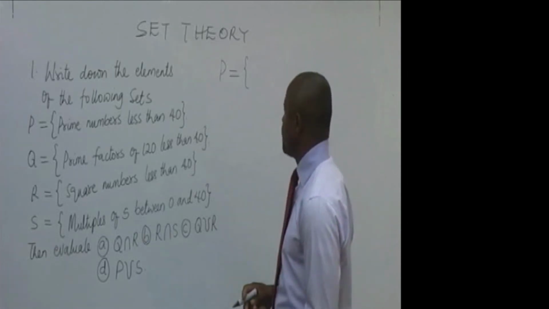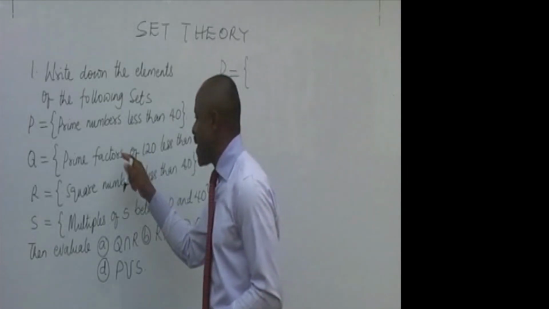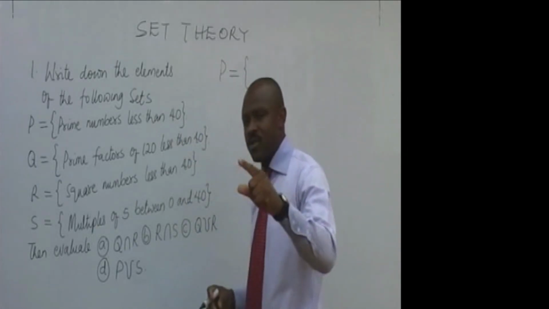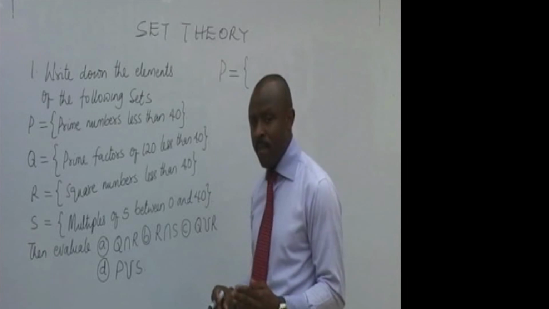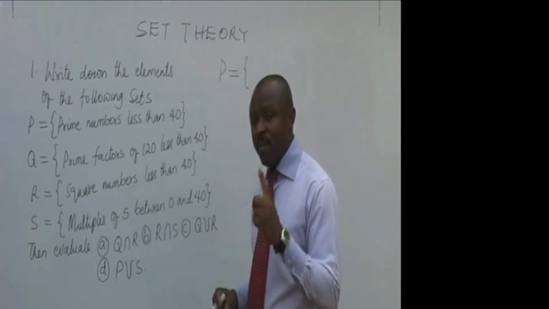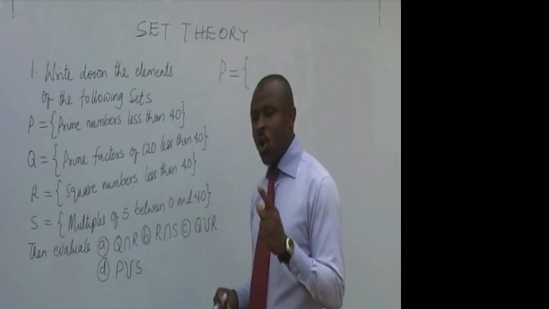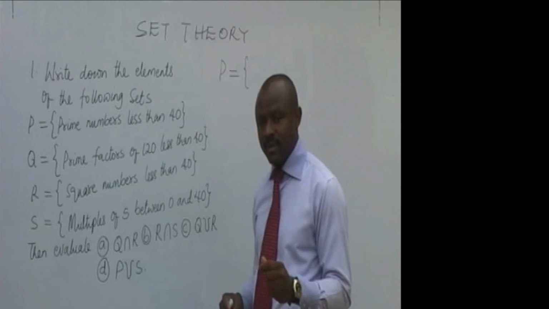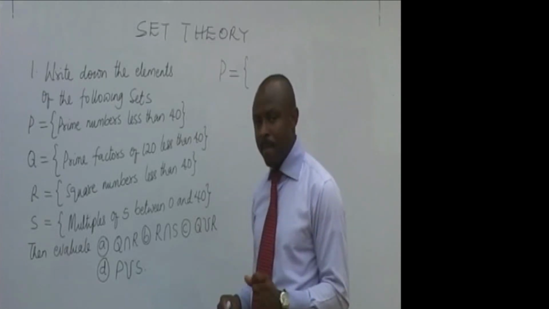The first one is P, and they say prime numbers less than 40. You first of all ask yourself, what is a prime number? A prime number is that number that is only divisible by itself and 1 without a remainder.